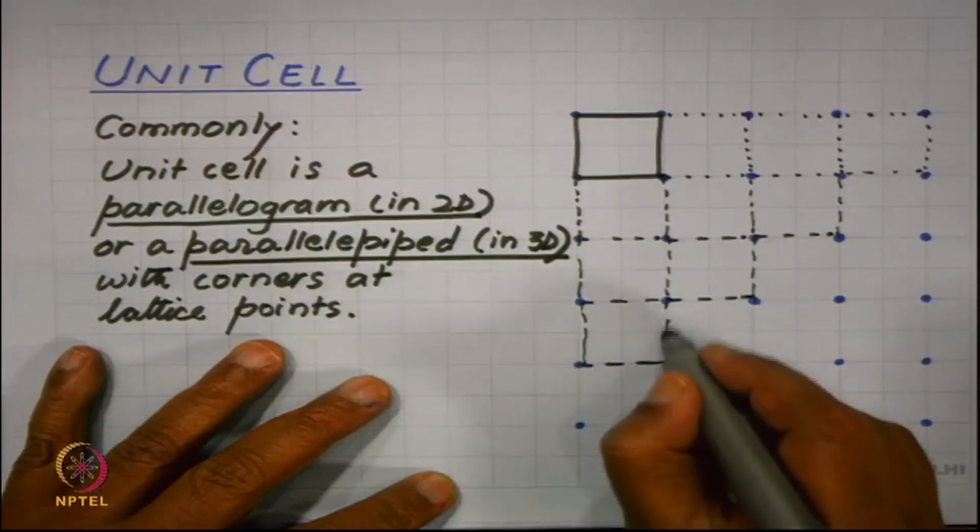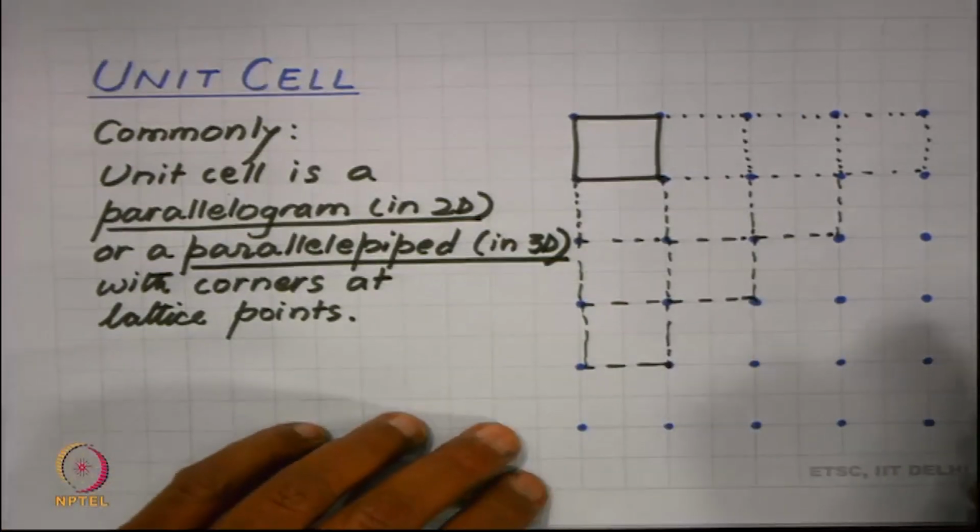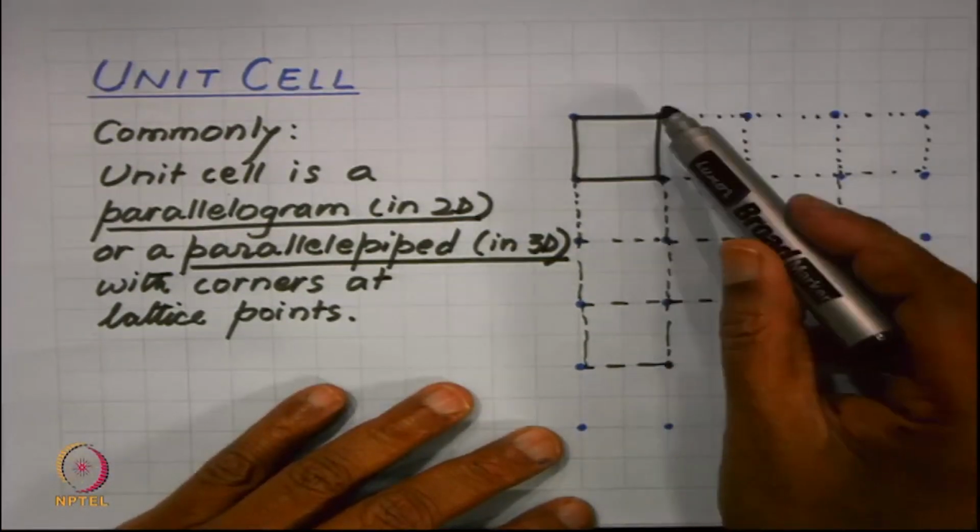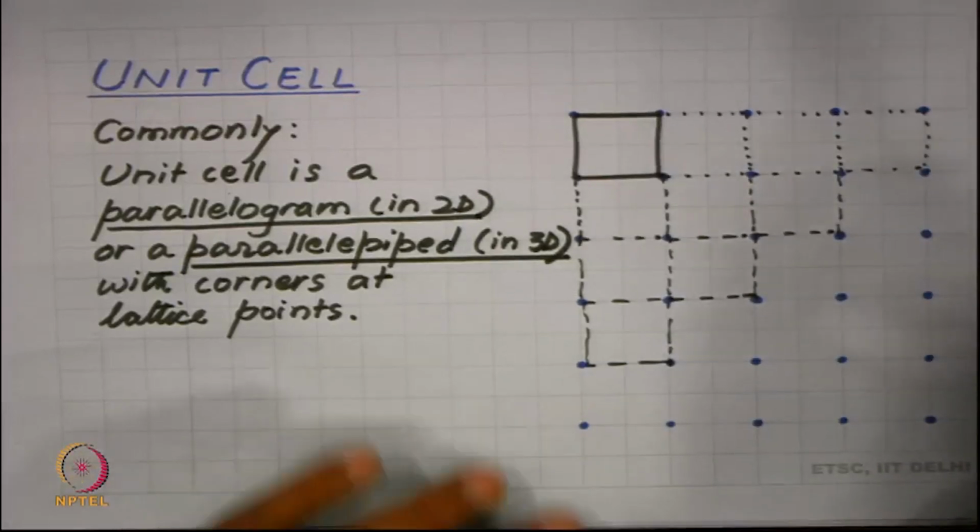So, I have to periodically translate these unit cells, and I have to recognize that lattice points are at the corners.